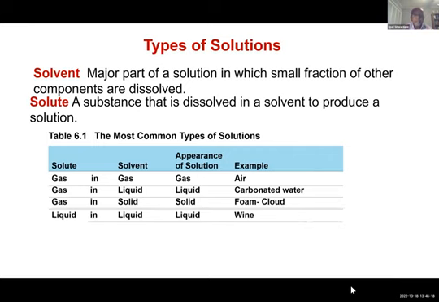Liquid in a liquid is very common. Wine is an example of liquid in a liquid. Wine has alcohol and water. Water is the solvent in wine. Alcohol is the solute, which is present in a small amount. Wine also has other ingredients like coloring material coming from the fruit we use to produce wine.